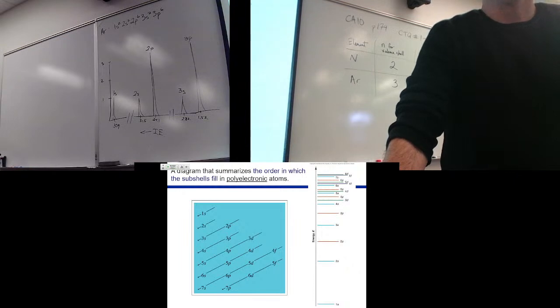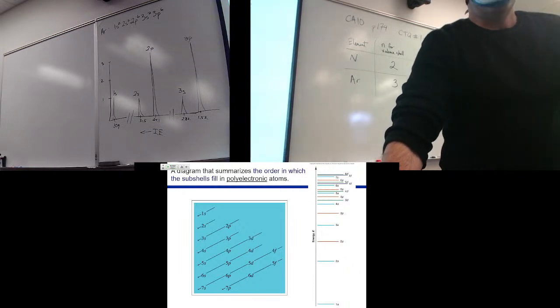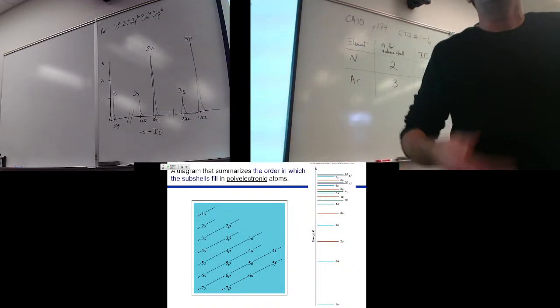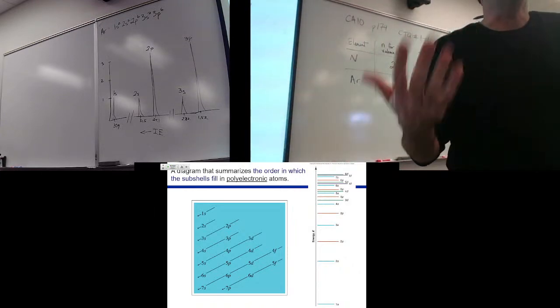Well, math isn't real though. So I'll give you a sneak preview. Electrons, which we think of as particles, they're matter, actually don't behave like regular particles. They behave like light does, like waves. And when you treat an electron like a wave, then there are limitations to the way it can behave.